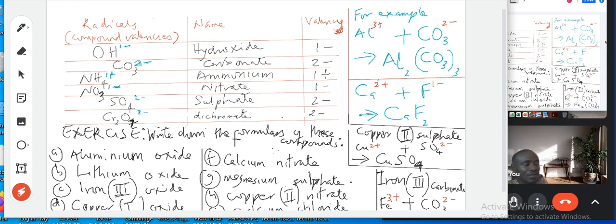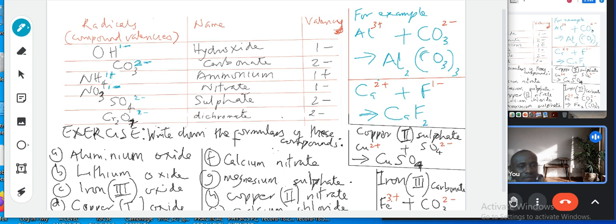You know how in algebra you multiply this by this. You could actually do that. You could say 3 times 3, 9, and 3 times 1, carbon is 1 here. You can open the bracket and have C1 O9, and you still get the same answer. Or you find CO3 first, and then multiply what you have by 3. Whichever way you go about it, you get the same answer.